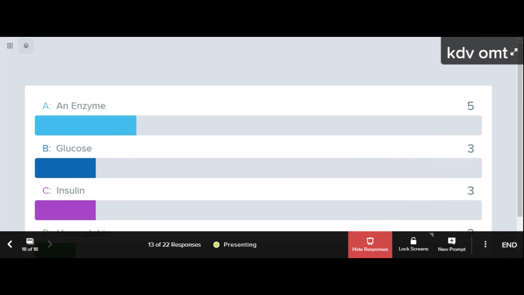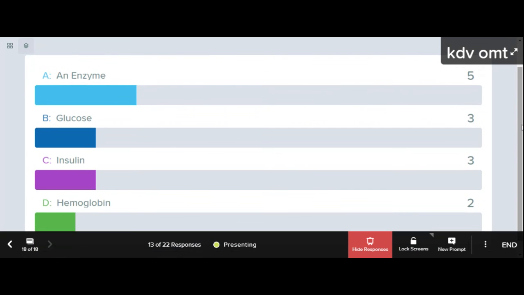All right, you are glucose, insulin, enzyme, hemoglobin. One of those would not be made. Which one is not? Enzymes are proteins, guys.